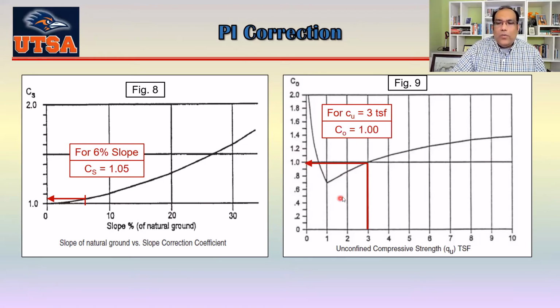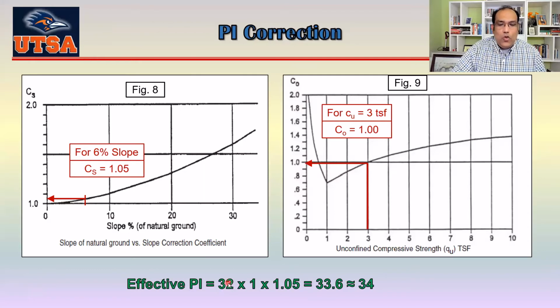Okay, so what would be my corrected PI then? My corrected or effective PI is 32 multiplied by C naught multiplied by CS. So this one is 33.6, which if I round it up, would be 34. So 34 is my effective PI.